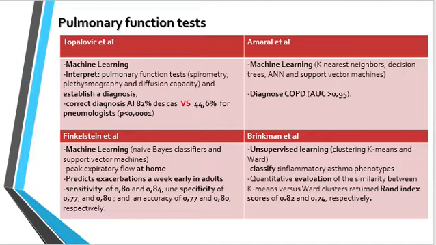For pulmonary function tests, machine learning techniques such as decision trees, support vector machines or naive Bayes classifier have been used to analyze spirometry, plethysmography, and exhaled air volatile organic compound data, and to classify phenotypes of certain pulmonary diseases, or to predict their exacerbations, with performances that sometimes exceed those of pneumologists, as in the case of Topalovic's study.